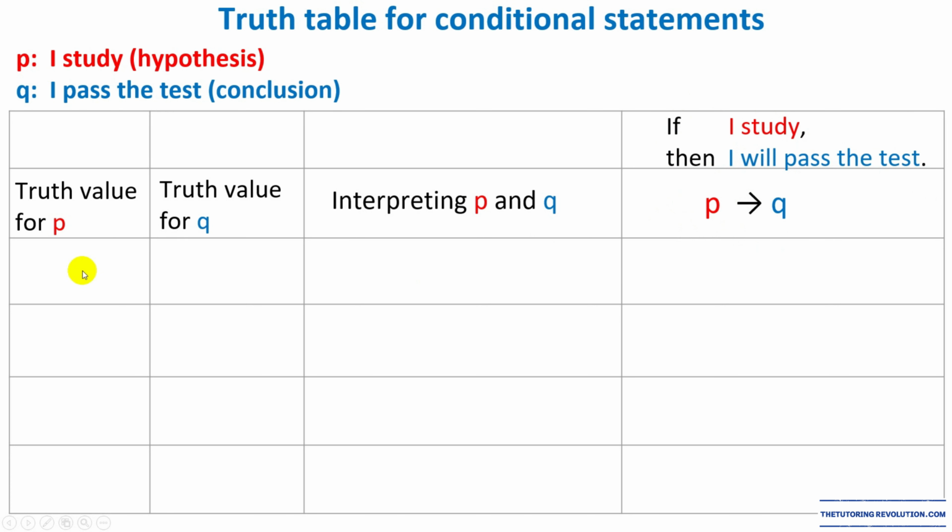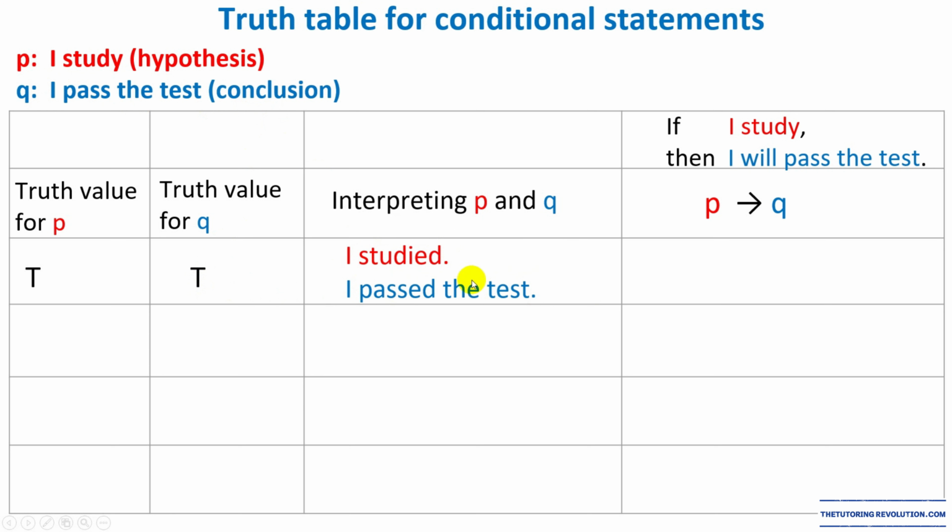Let's start with the first set of values. If P is true and Q is true, then I study will be true, right? I studied. I passed the test will also be true. So that's what happened.